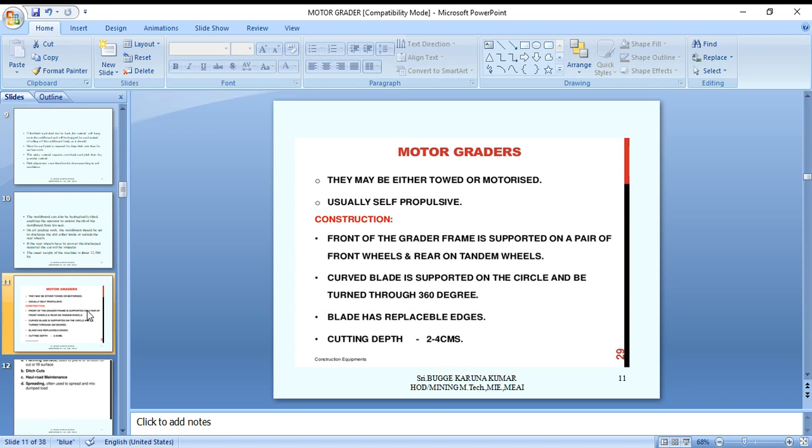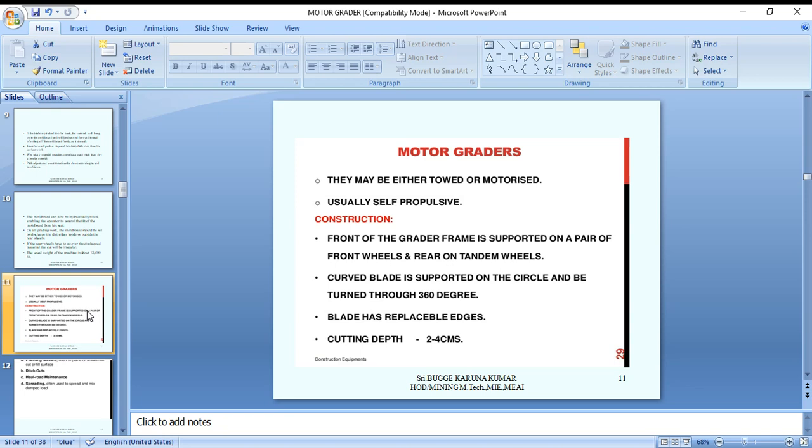The curved blade is supported on the circle and can be turned through 360 degrees. The blade has replaceable edges.